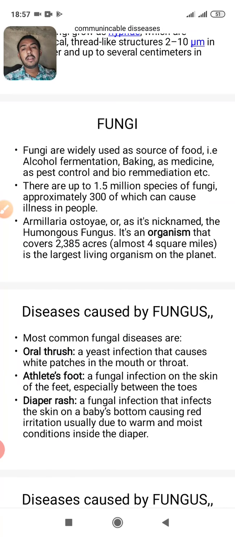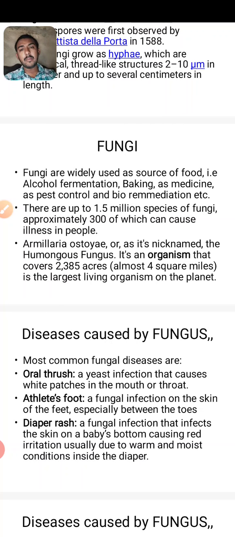Before telling about its uses, let's discuss that, according to scientists, there are about 1.5 million species of fungi. But according to Wikipedia, there are about 2.2 to 3.8 million species of fungi.